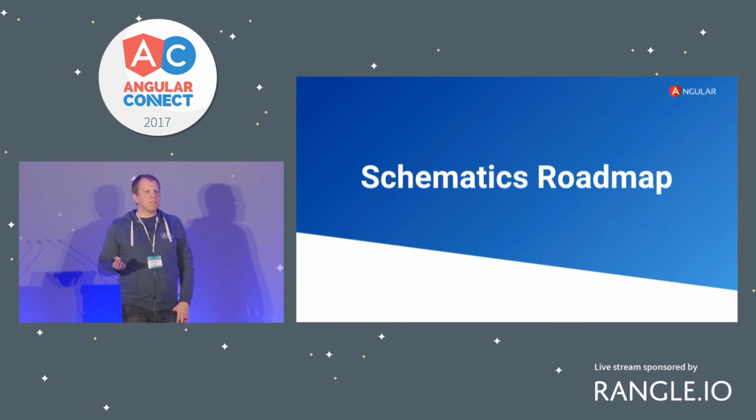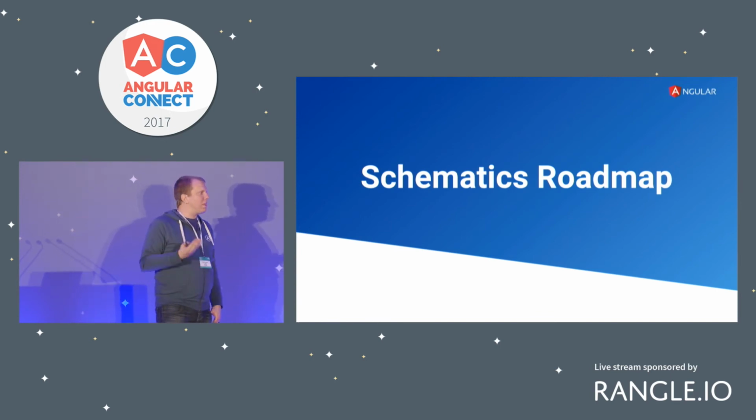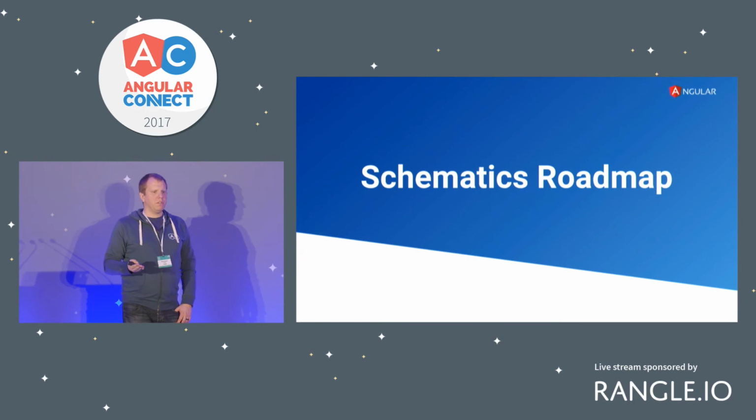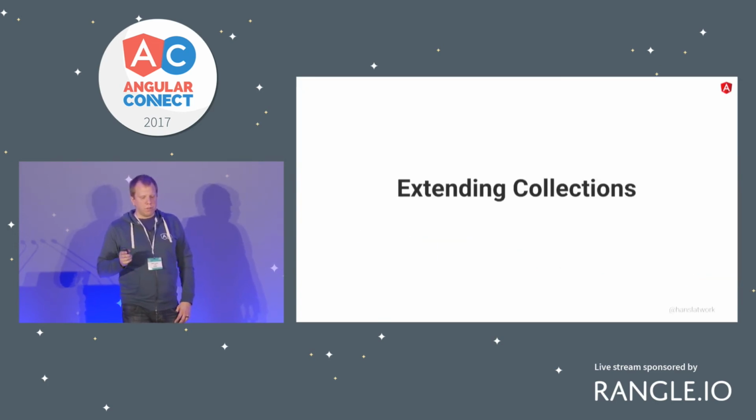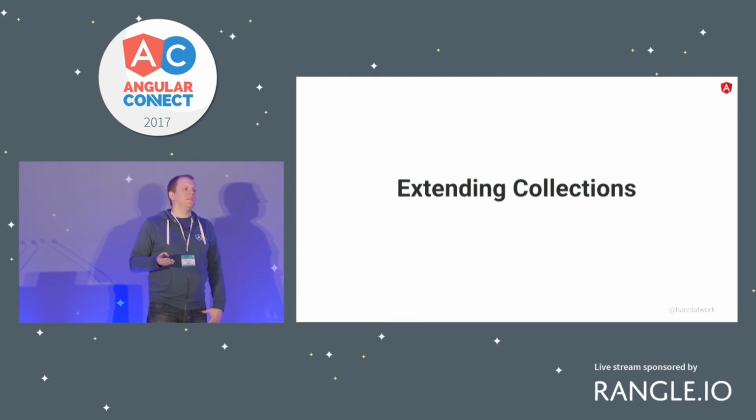So what comes next? What is the roadmap? Right now, schematics has just been released as part of 1.4. We are working on a lot of the documentation, but also a lot of features that you are going to enjoy. For example, we are working really hard on allowing you to extend collections.